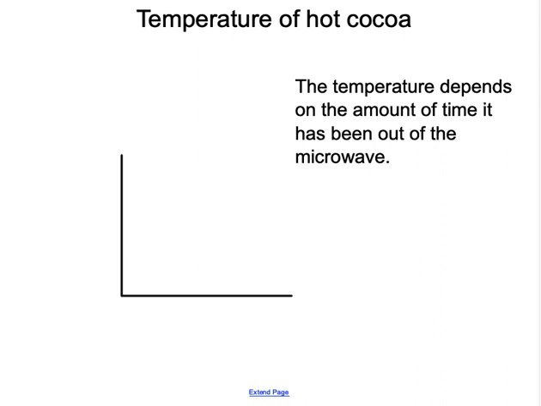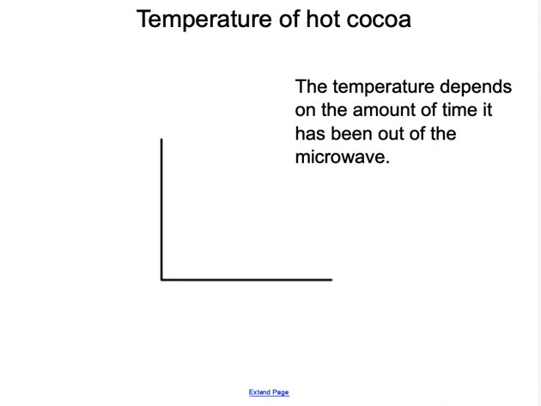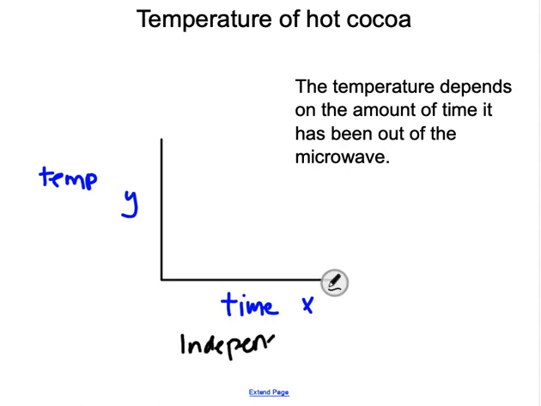So I'm going back to this idea of temperature of hot cocoa that we talked about in chapter 1. Well, we're going to put time along the x-axis and temperature along the y-axis, because we know that our independent variable goes on the x-axis and our dependent variable is considered our y value.